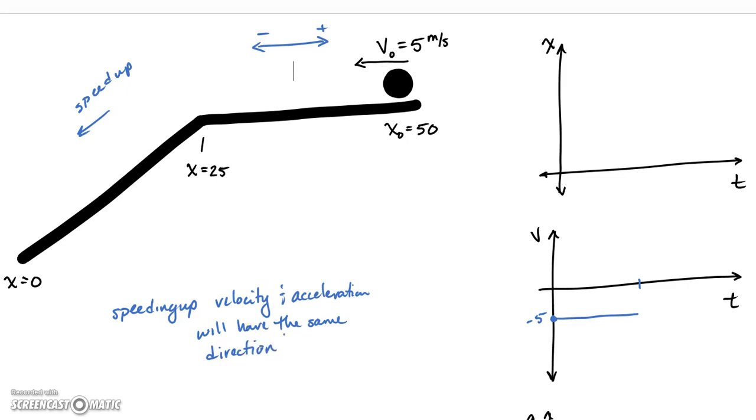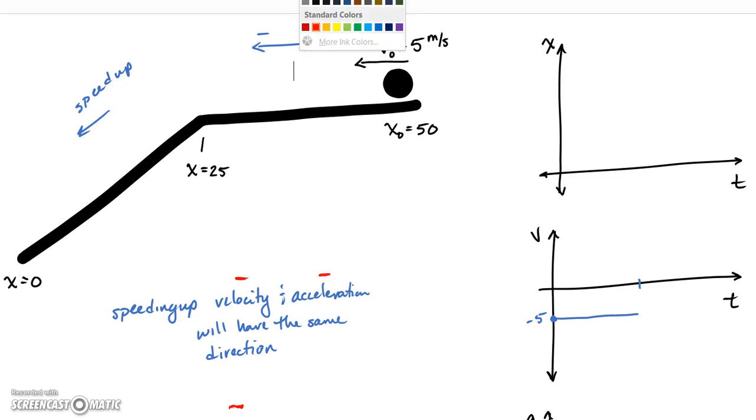So they both agree. Let's go with red. We right now have a negative velocity, and since we're speeding up, these two have to agree. So we should end up with a negative acceleration when all is said and done. We'll see if that's true.